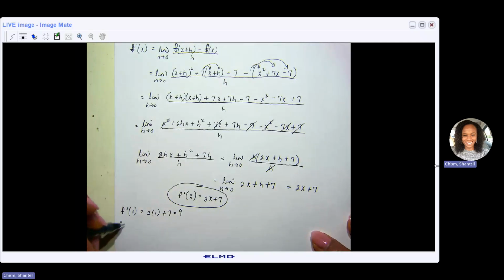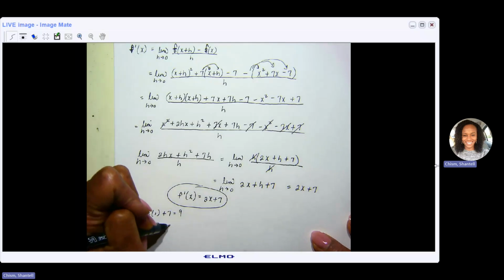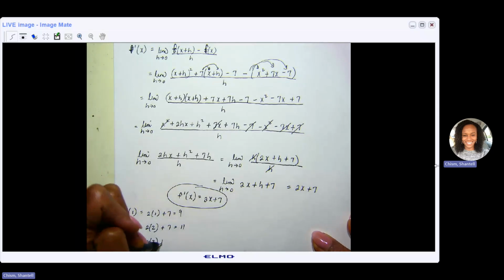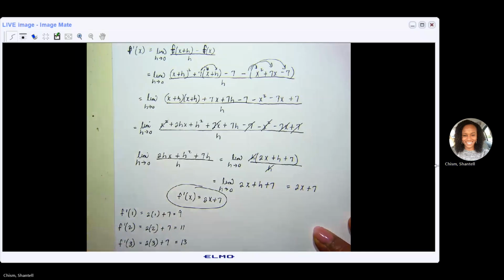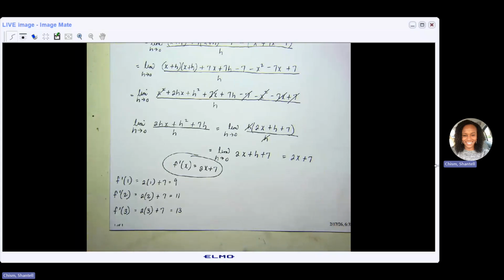And then f prime at 2, 2 times 2 plus 7, that is 11. And then f prime at 3, 2 times 3 plus 7. So that's 6 plus 7, that is 13. Okay, so yeah, those are our answers. Not too bad, really. Now, let me show you the shortcut.